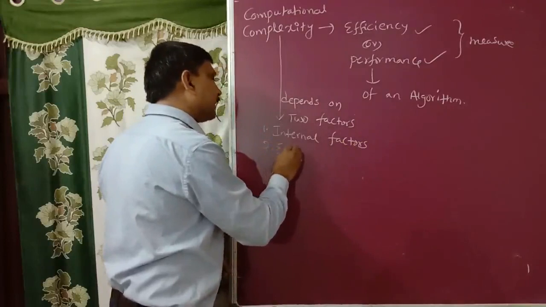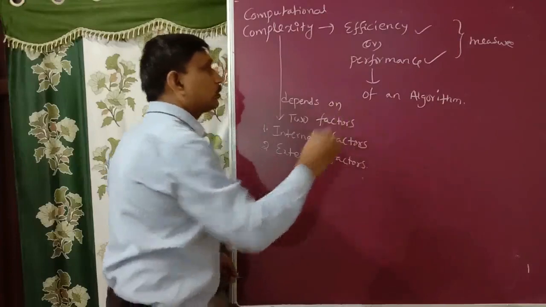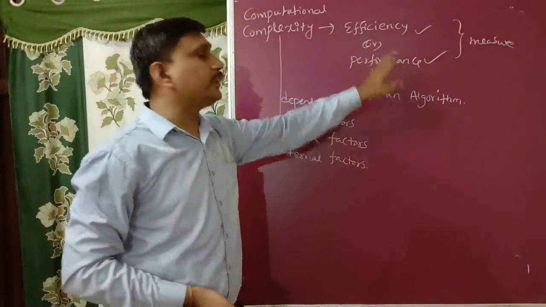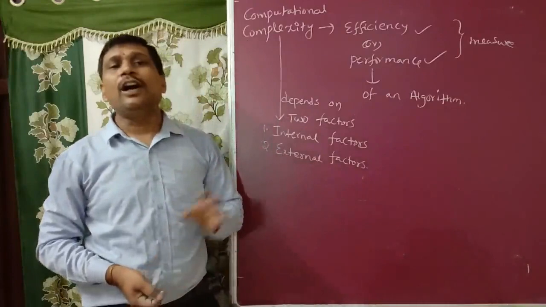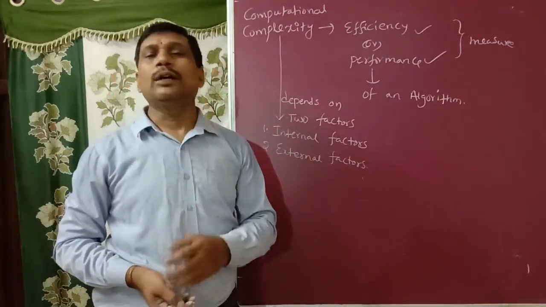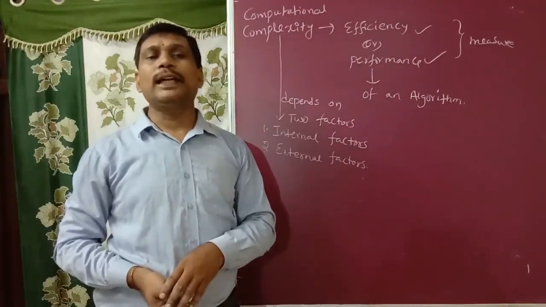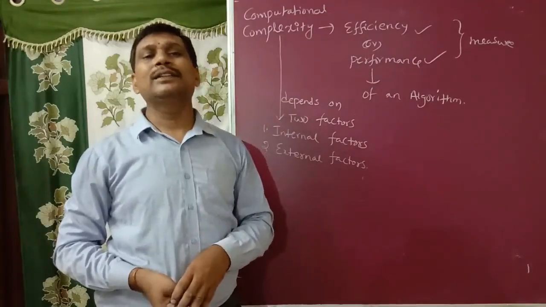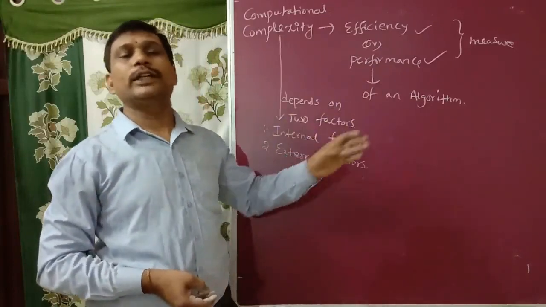We measure the computational complexity of an algorithm, that means we calculate its efficiency. When we increase the input size, how does the algorithm behave, how much time does it take to run and complete the program, and how much space does it occupy. All these are different factors of computational complexity.